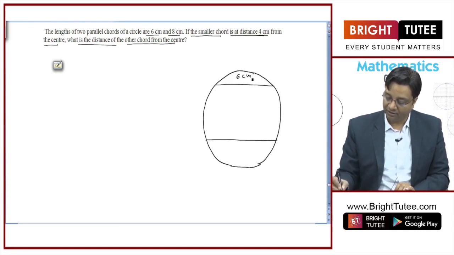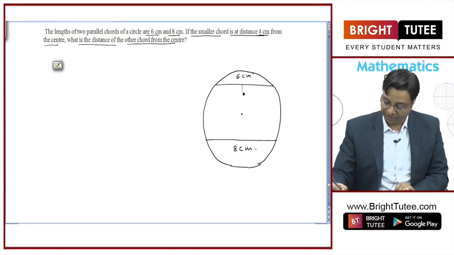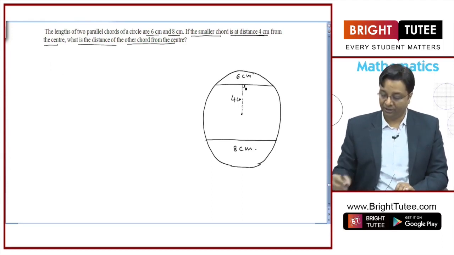So let this be 6 centimeter length and this be 8 centimeter length. The smaller chord is at a distance of 4 centimeter from the center. So let us say this distance here is 4 centimeter. When I say distance, I mean perpendicular distance. So this is perpendicular to it.